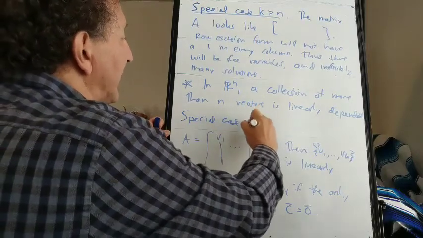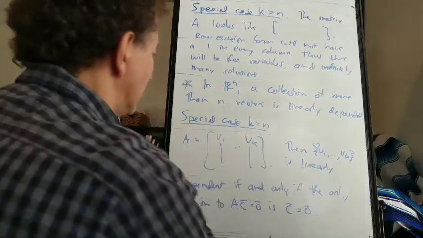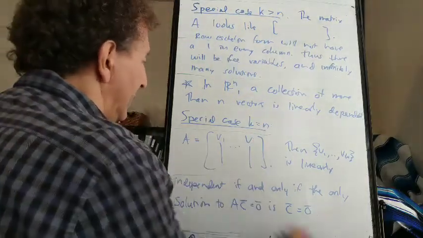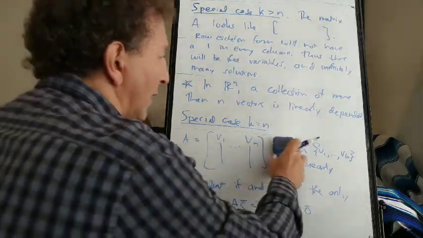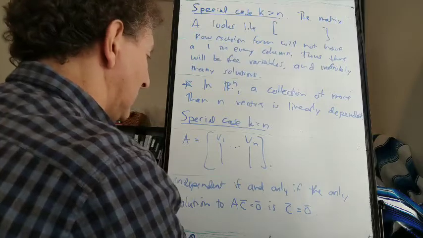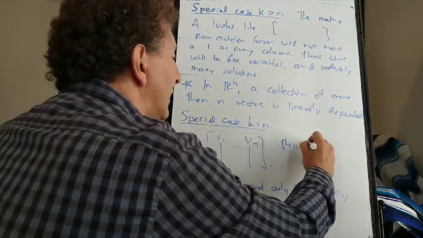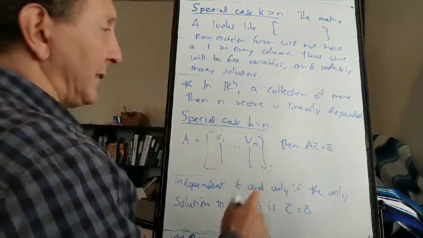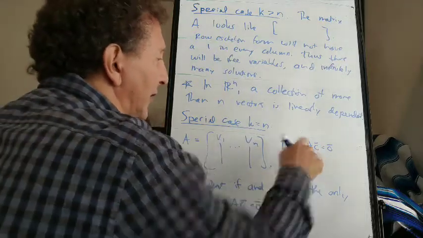Now let's look at the special case that k equals n. So then A is an n by n matrix. Then A c equals 0 has a unique solution if A is invertible.